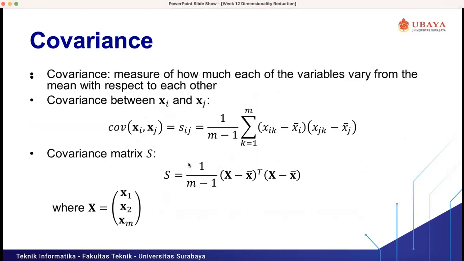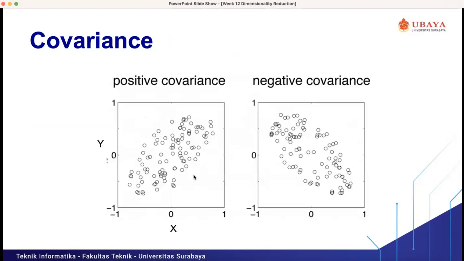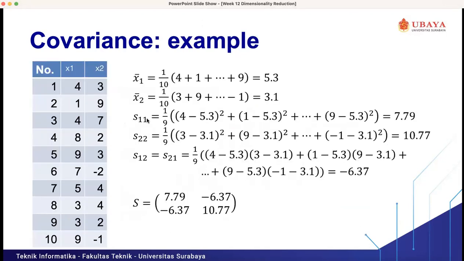So S11 equals 1 divided by 9, then 4 minus the mean value for x1, which is 5.3, 1 minus 5.3, and so on.